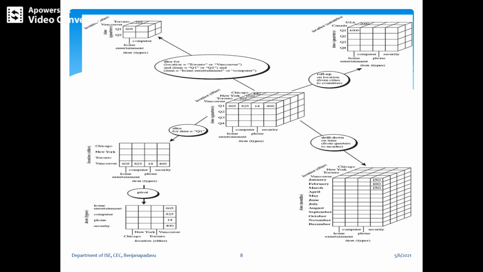In this figure discussed in the previous part, in a pivot operation the item and location axes in a 2D slice are rotated. Here the item types are home entertainment, computer, phone with 605, 825, 14, 400, and the locations are Chicago, New York, Toronto, Vancouver. These are the two dimensions.